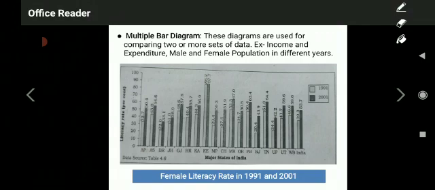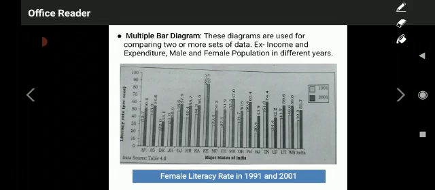Suppose, for example, what was the female literacy rate in India in 1991 and 2001. If you want the information on female literacy rate in two different years, this kind of diagrammatical form is more effective and more helpful.